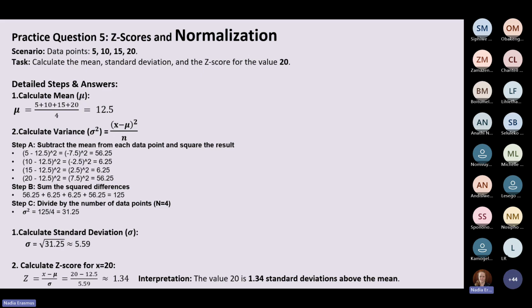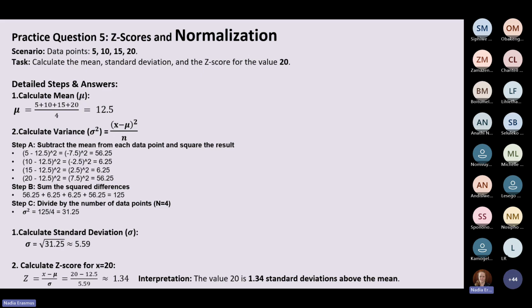Calculating the standard deviation is easy. The standard deviation is the square root of the variance, so we have the standard deviation as 5.59.